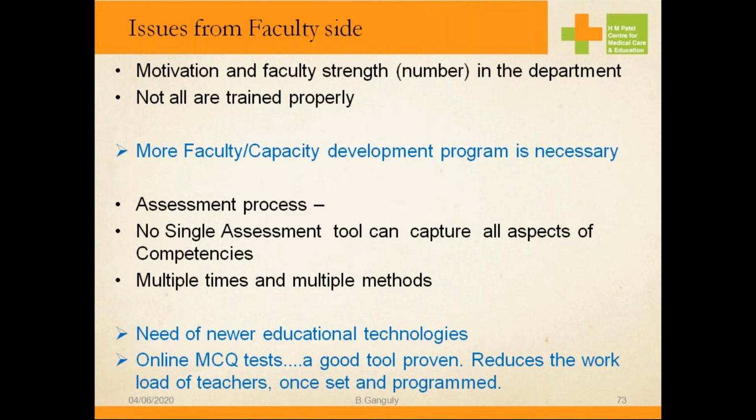At the institutional level, there are nodal centers and regional centers already conducting such programs. But I don't think that one program suffices. We have to do faculty development programs in each department, department-wise. That will make us more clear and confident.